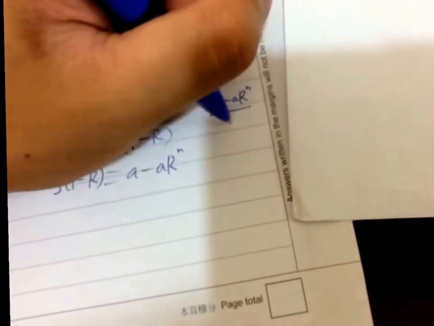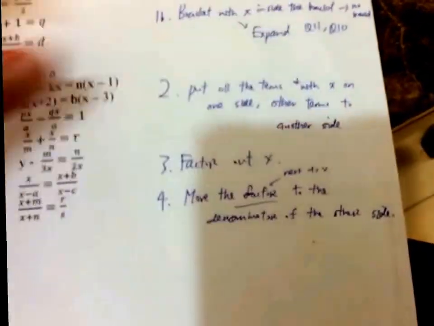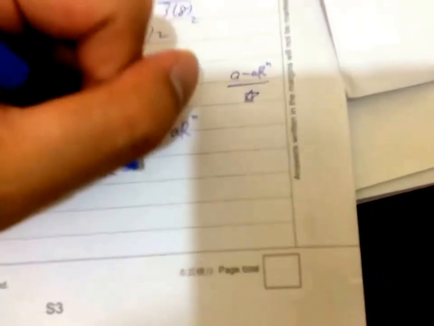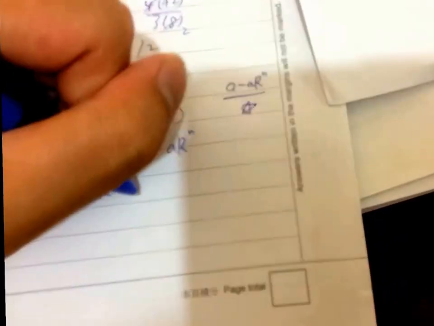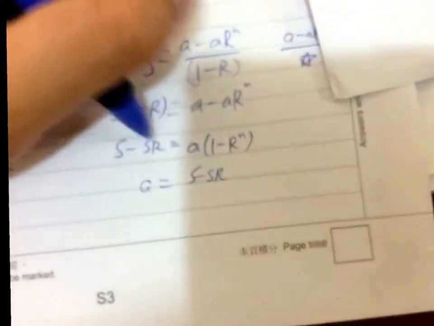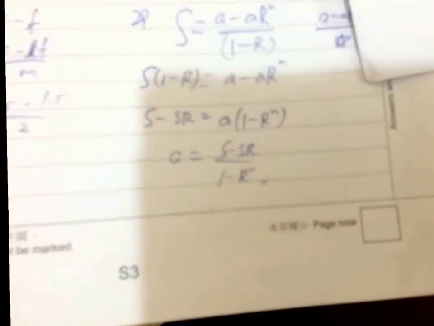That means you're doing this thing. Bracket, expand. S minus SR, okay? So all the terms with a in here, I can factor out, and then I can divide the whole thing by this one, and that's it.